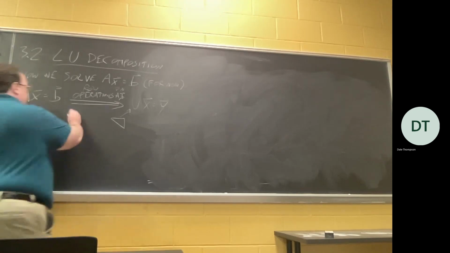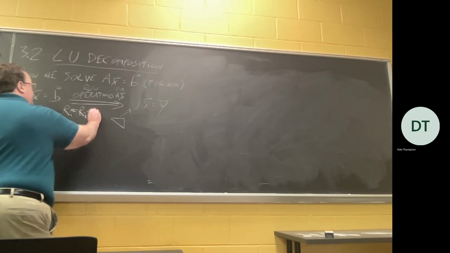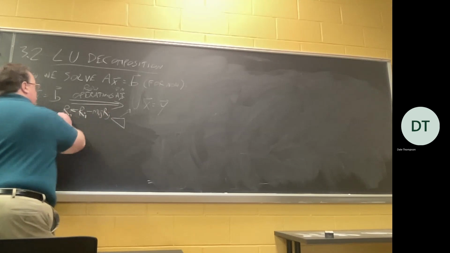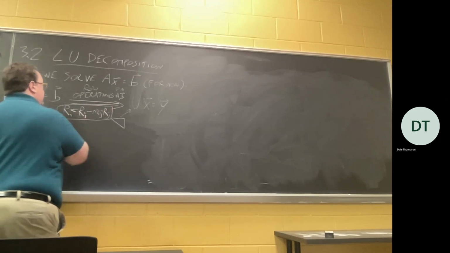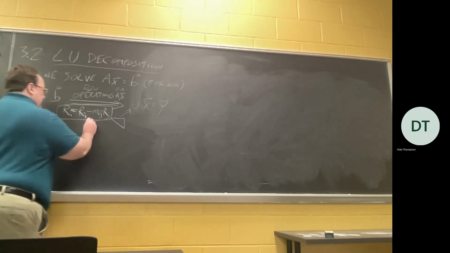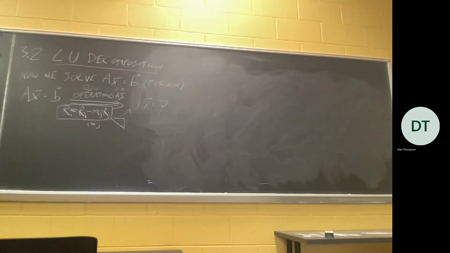And the row operations have a form: row i is overwritten with itself minus the multiplier m_ij times row j. That operation is repeated for i greater than j, so as to eliminate all entries that are in the lower triangle.